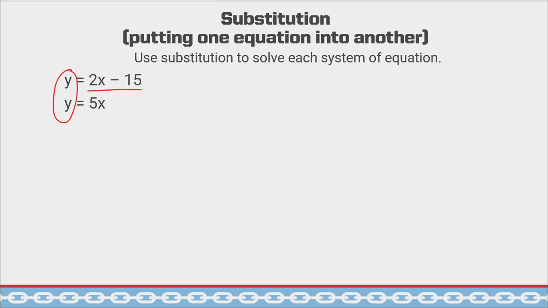I also know that y is equal to 5x. So what I can do then is set those two equations equal to each other, because y is two different things, and I'm trying to find where they are equal.